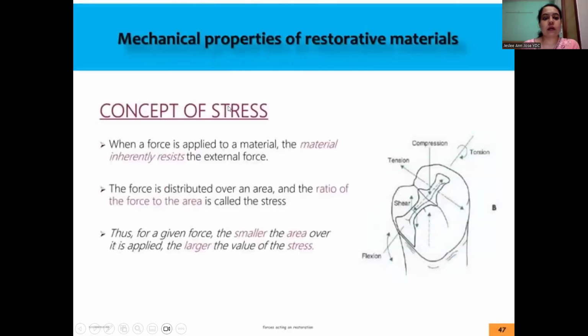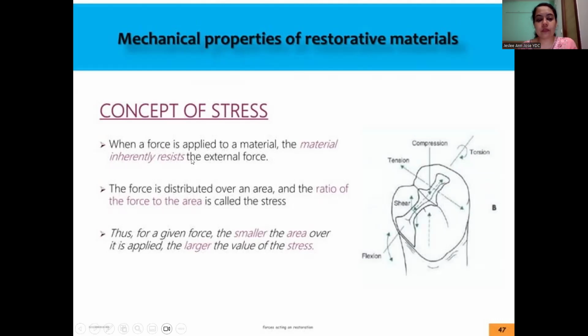Now, coming to the mechanical properties of the restorative material. First and foremost, we need to understand the concept of stress. When do we call it a stress? Whenever we apply a force onto a material, the material initially will try to resist the external force to whatever limit possible.